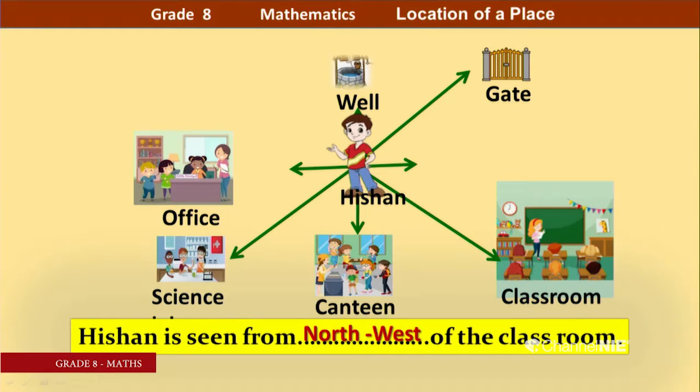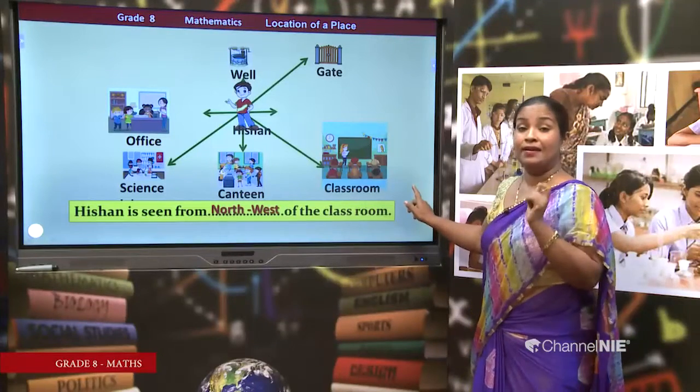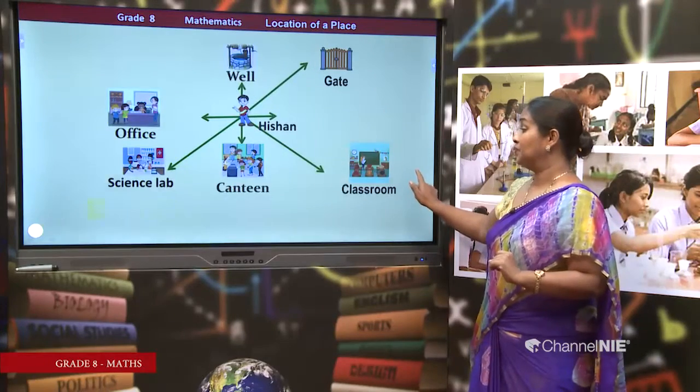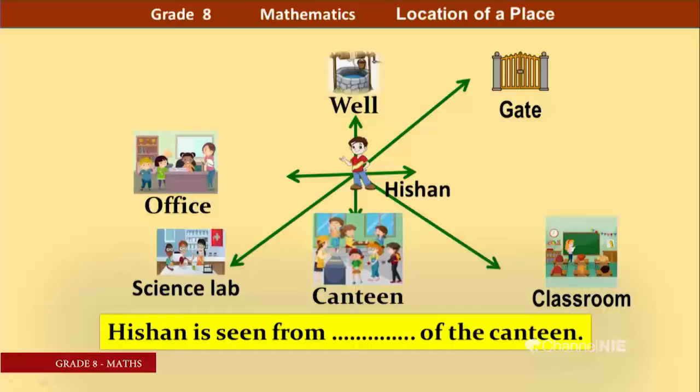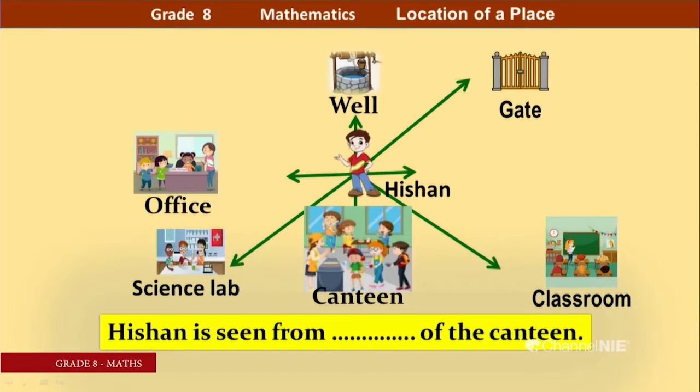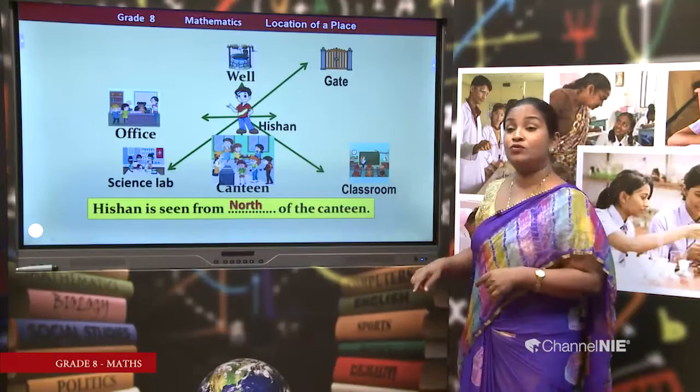Good. Next, you are at the canteen. Now, look at Hishan from the canteen. Hishan is seen from which direction? North of the canteen. Next, you have to move to which place?